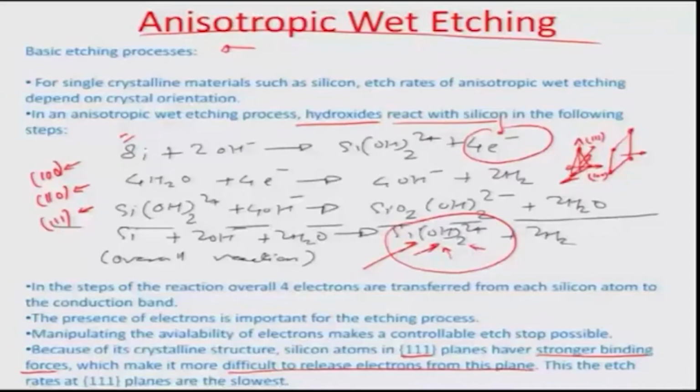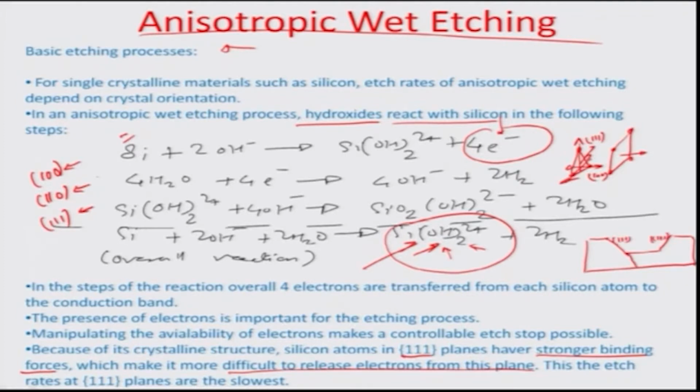This results in a structure where the eventual shape which would emerge out of any 100 or 110 would be the 111 direction. So this is the slowest step.